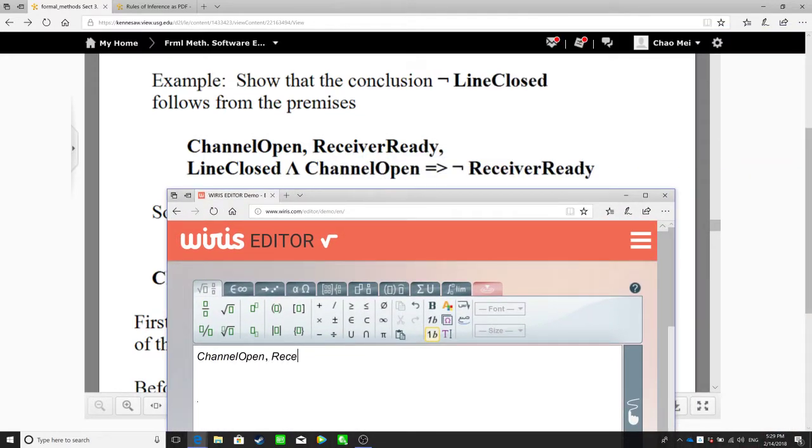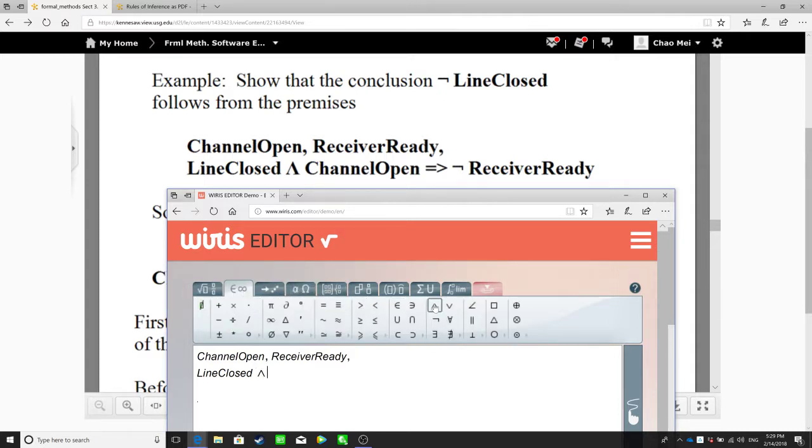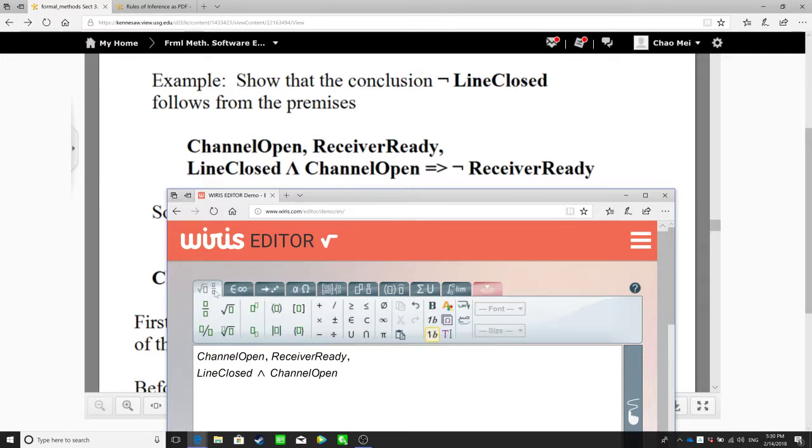Receiver ready is the second premise, and line closed, and channel open implies.